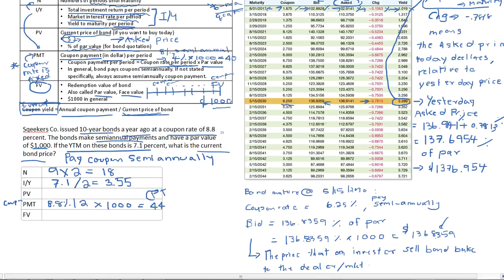So you get $44 every 6 months as a coupon payment. And at the end of year 10, you get $1,000 back from redeeming this bond. So this will be the future value, and you now compute for PV.